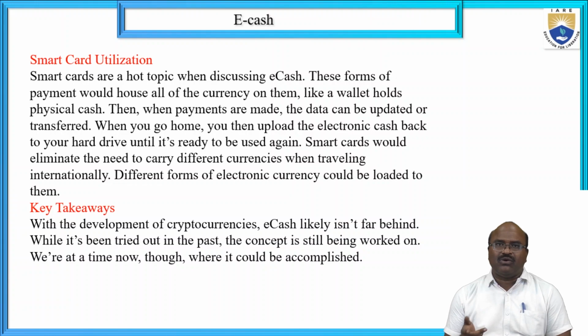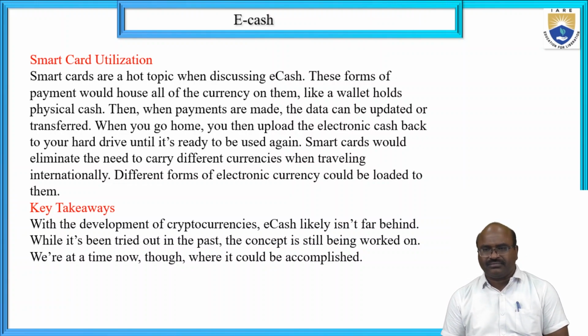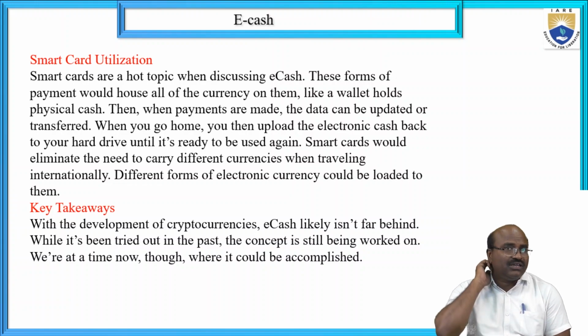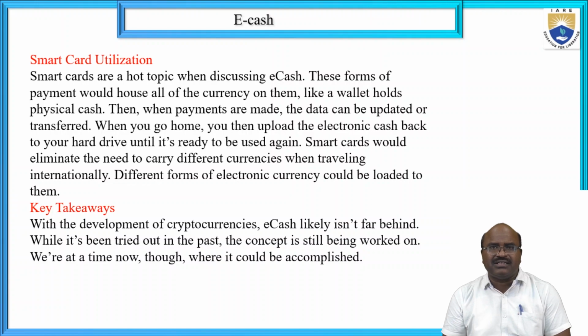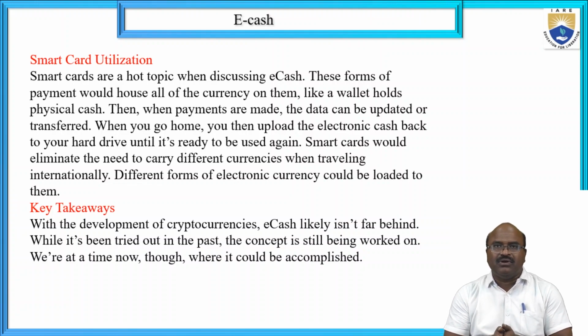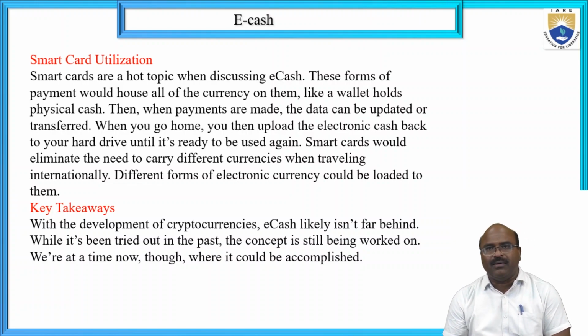The equivalent of the rupees can be converted on your card very easily. Physically depositing is difficult, but with an international card the conversion is very easy. Different forms of electronic currency can be loaded onto it. So e-cash smart card utilization is flexible and useful compared to physical cash transactions.